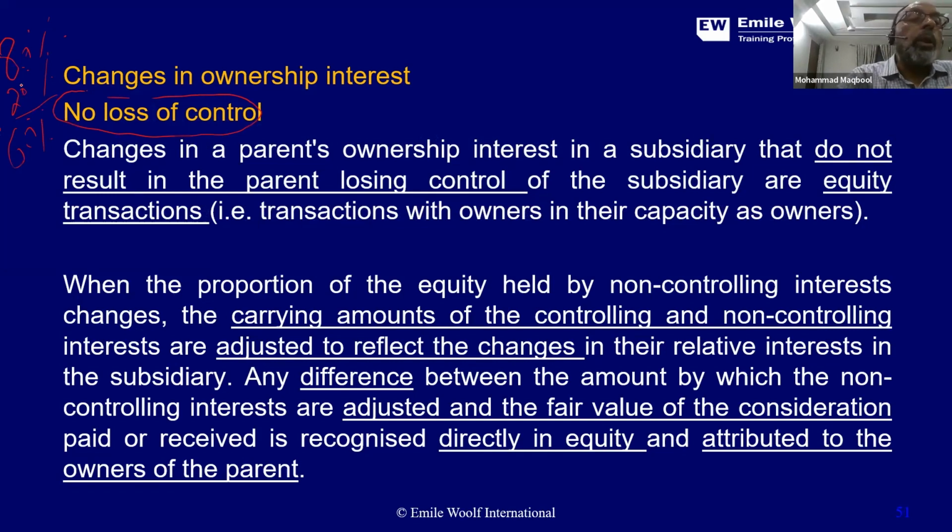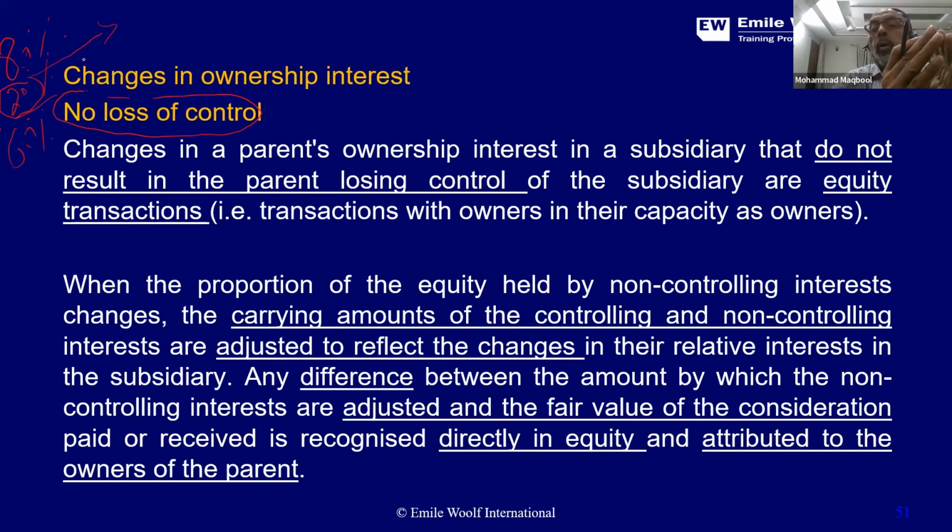But on the 20% we sold, whatever the gain or loss on that, there could be gain, could be loss. The gain is the difference between the adjustment of the net asset relating to the non-controlling interest and the amount we received from them. There could be a difference.